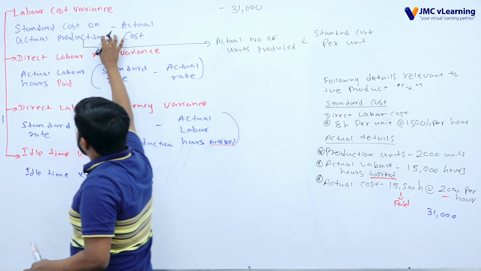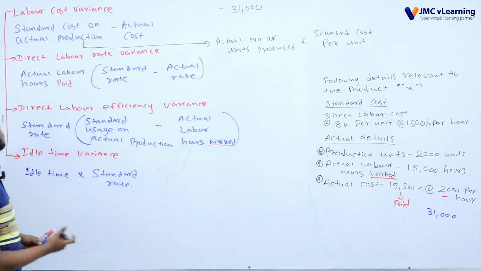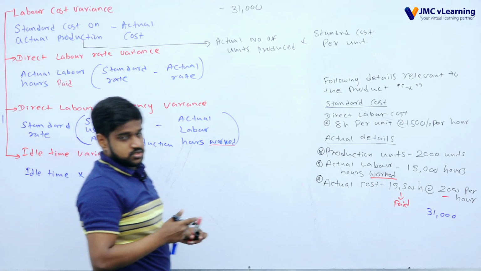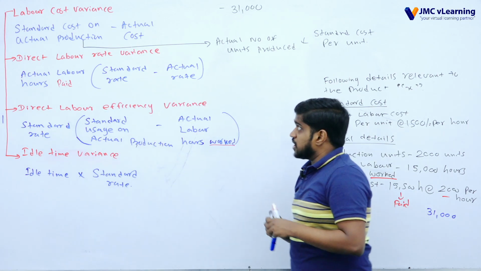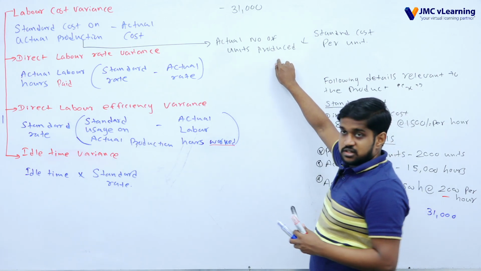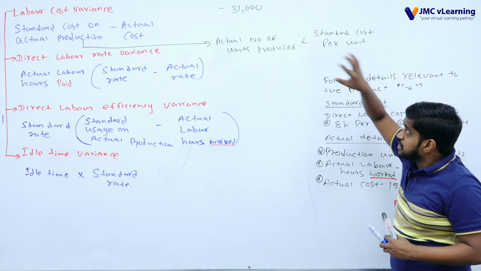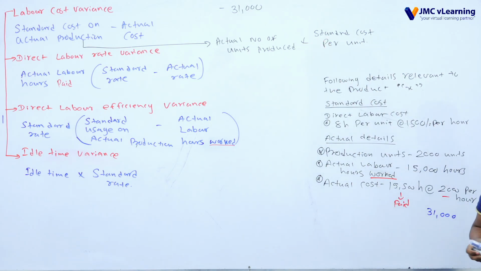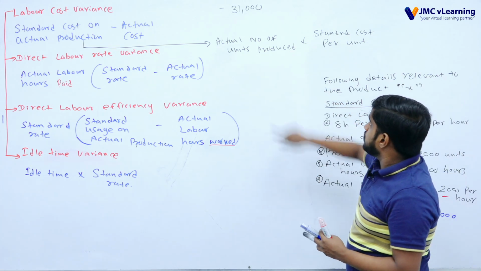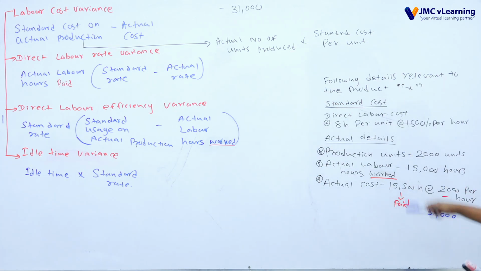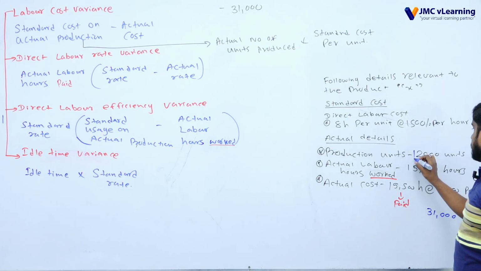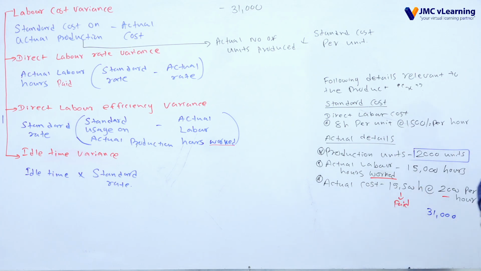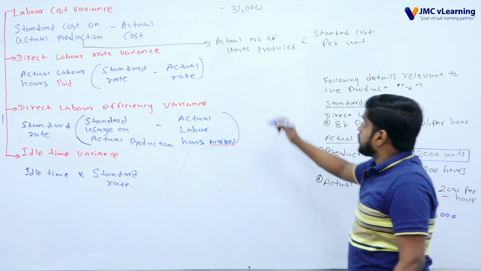Then how can we calculate standard cost on actual production? We can calculate standard cost on actual production by multiplying our actual number of units produced by the standard cost per unit. Our actual number of units produced, they say it as 2000 units.